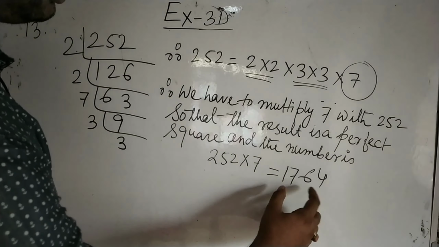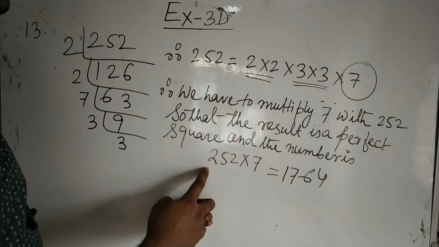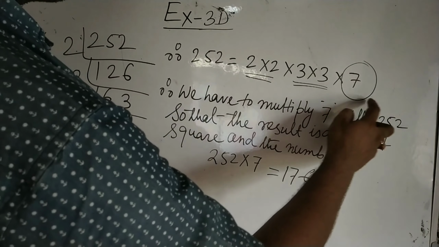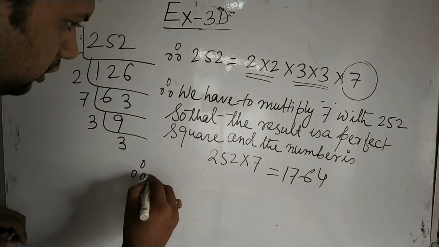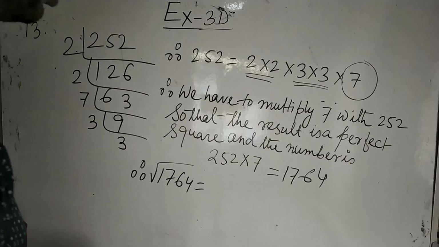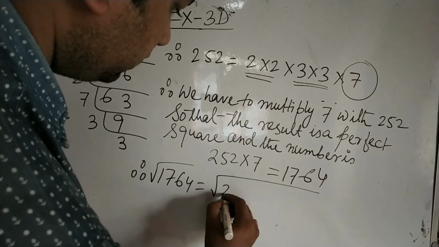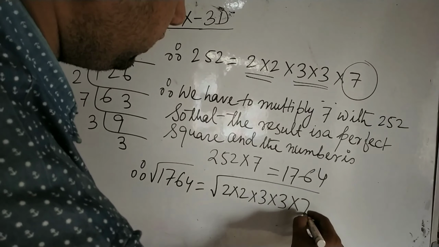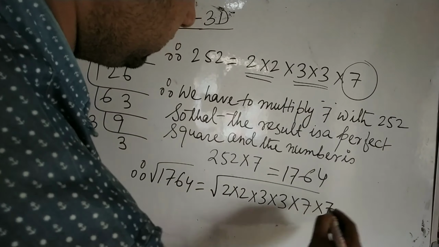Therefore, the factors of 1764 will be all the factors of 252 and another 7. Therefore write down: square root of 1764 equals square root of 2 into 2 into 3 into 3 into 7, and again we have multiplied with 7, so another 7.